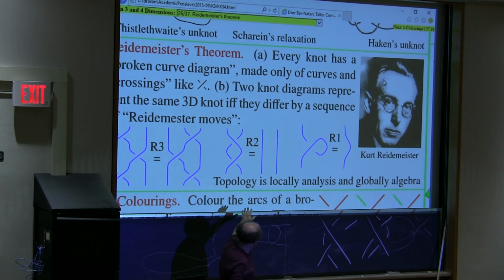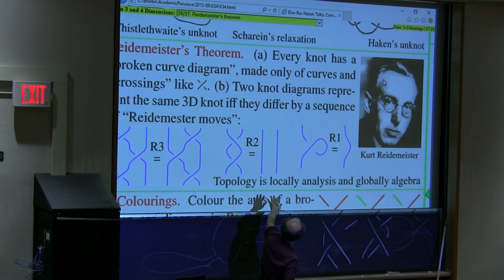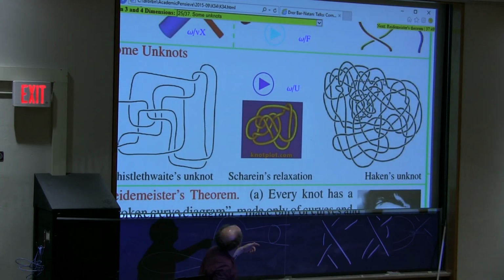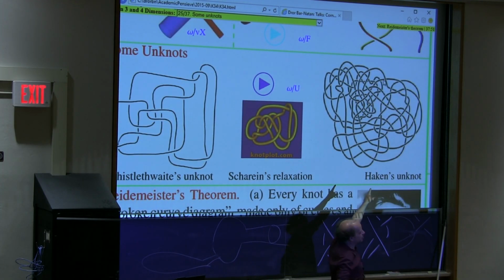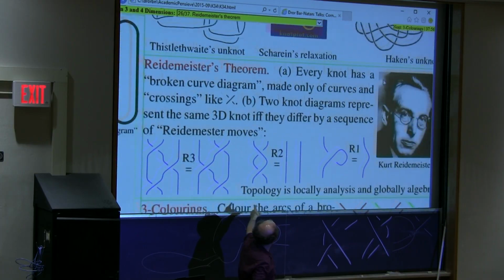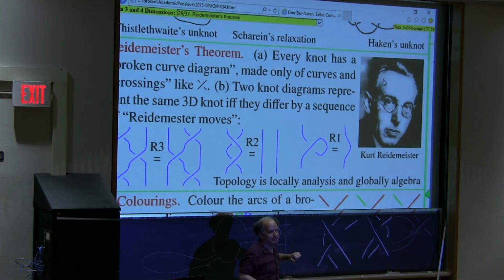So basically you have turned the global problem into a local one, or into a combinatorial one, in which all you have to do is to show that you cannot reach from this complicated picture to this picture by a sequence of these moves.